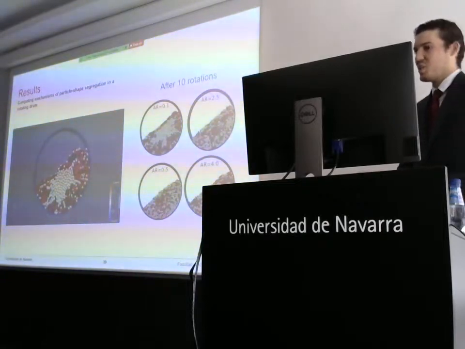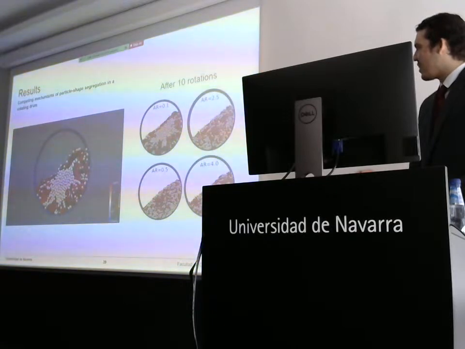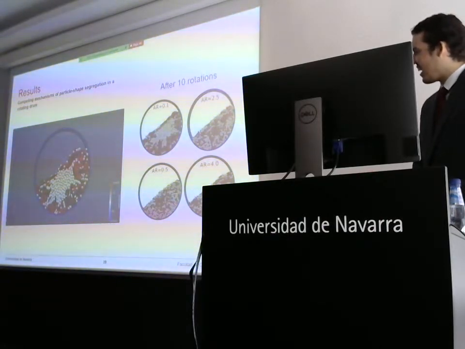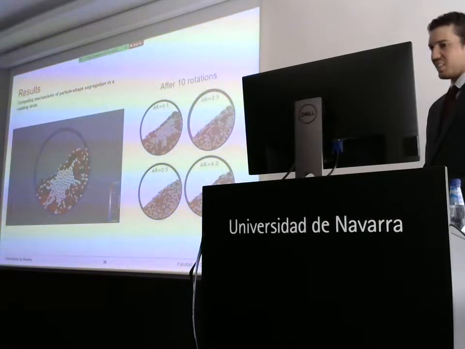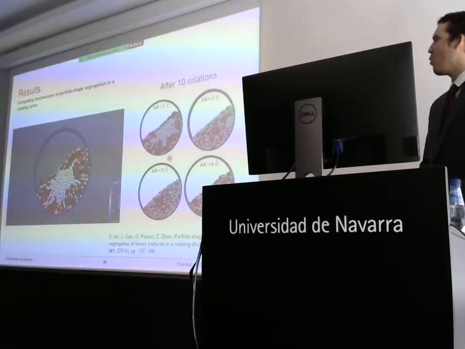And the same happens with the prolate ellipsoids. Here we have that the elongated particles are in the center, and then when we reach 4.0, we can see that the spherical particles are in the center. This is a result that was obtained before, but for only a few of the aspect ratios.